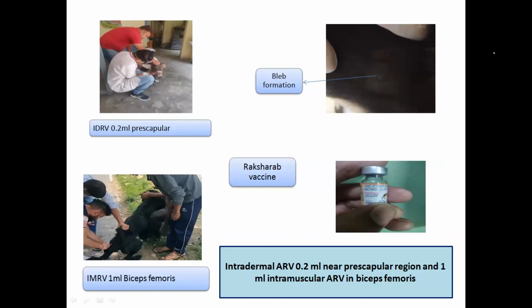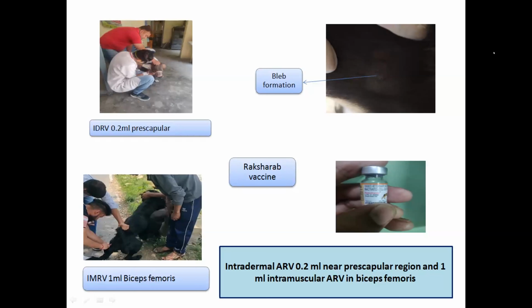Dr. Omesh Bharti and I were discussing how the intradermal rabies vaccine works, and he told me that if there is a cluster of lymph nodes, the vaccine delivery will be efficient. So I conceived that if we give it near the prescapular region, it will show proper and high immunogenicity.